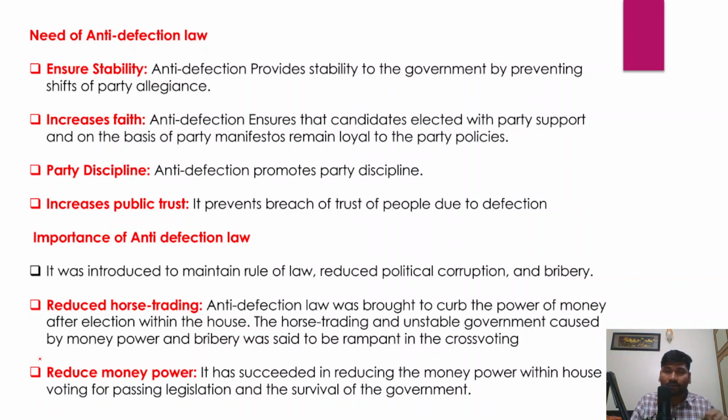Now, we have a multi-party system and we also have a parliamentary form of government. And because of the parliamentary form of government and multiple political parties in India, what generally happens is that there is no political stability.